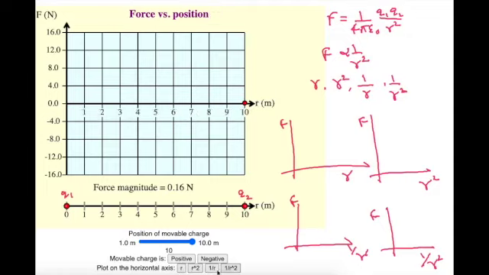There are four options. If you click on R, the graph will be force versus R. If you click on R square, the graph will be force versus R square. If you click on 1 by R, the graph will be force versus 1 by R. If you click on 1 by R square, the graph will be plotted for 1 by R square. Now let us see how the force varies with respect to R by varying the distance.